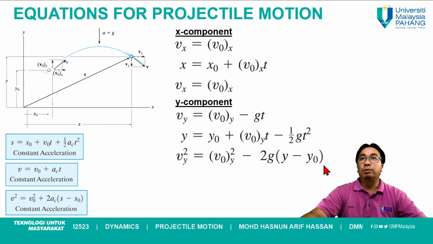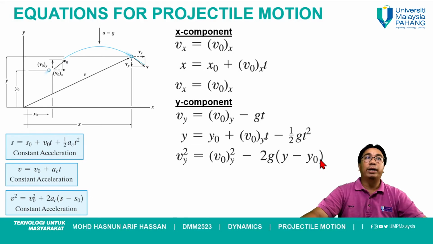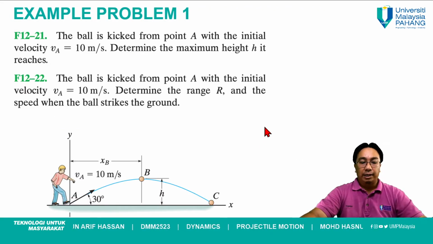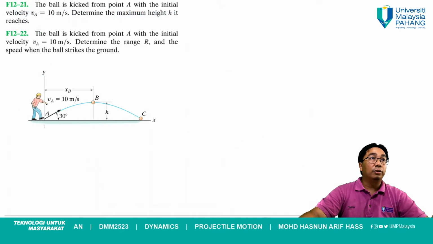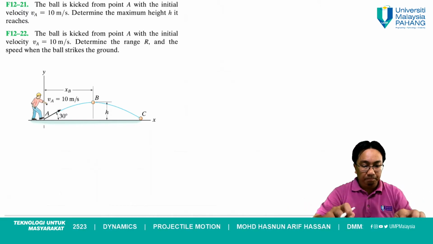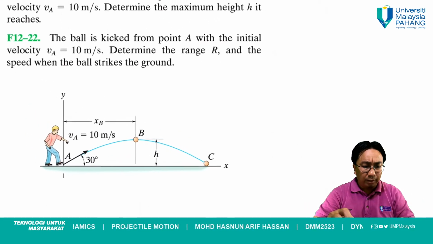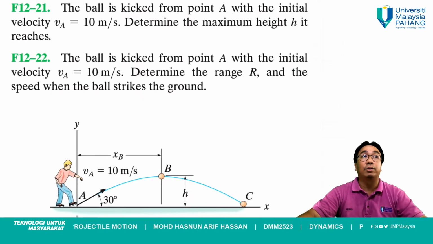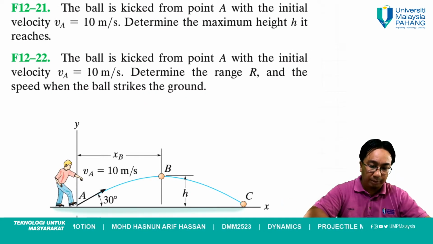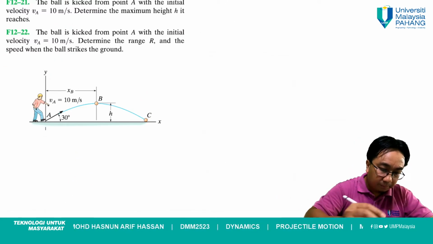So, kalau kita guna yang paling bawah, kita boleh calculate Vy dan V0. G kita tahu, Y and Y0 pun kita boleh tahu. So, let's try to solve using the last equation. Let's write the equation first.